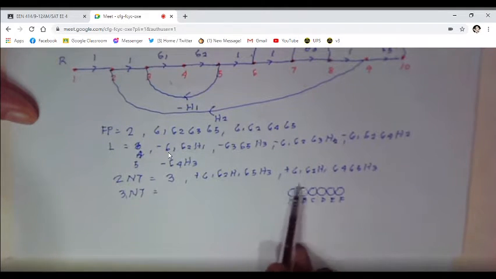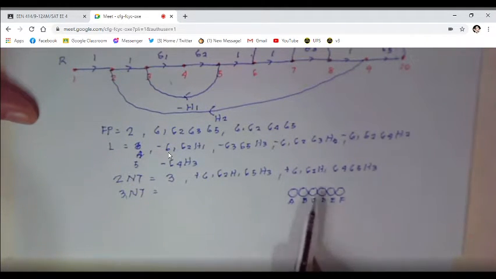Okay, 3 loop na non-touching. Ayan. So, wala na. Okay, so yun lang, no? Pag 3 non-touching, ganito halimbawa, ACE, ACF, tapos BDF. Yun lang. Ang 3 non-touching loop.